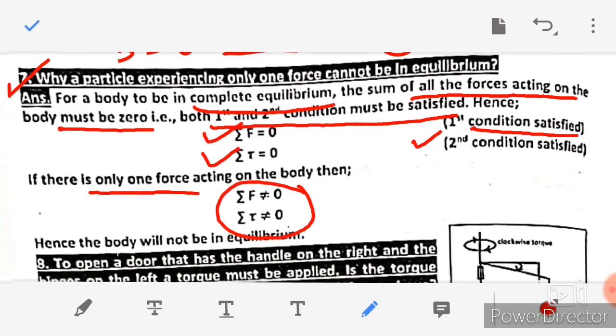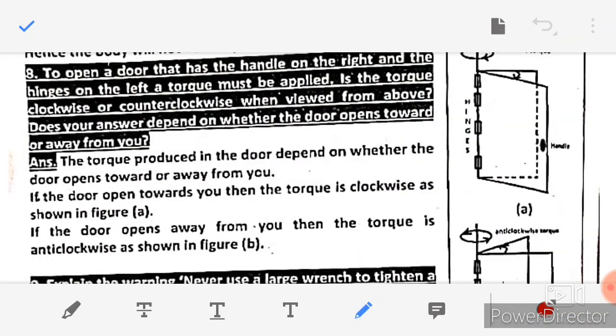Now moving towards question number 8. Question number 8 is also included. To open a door that has the handle on the right and the left, a torque must be applied. Is the torque clockwise or anti-clockwise when viewed from above? Does your answer depend upon whether the door opens towards you or away from you?